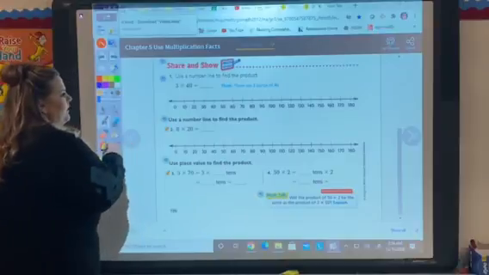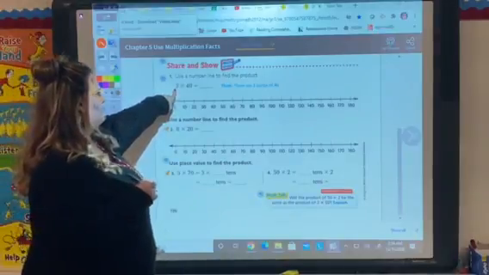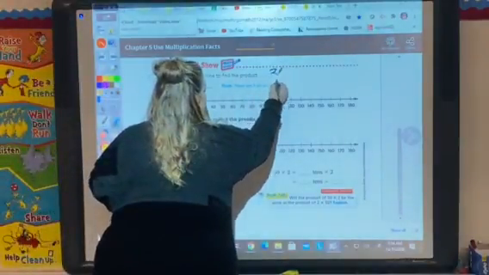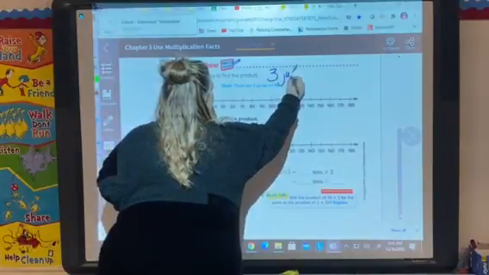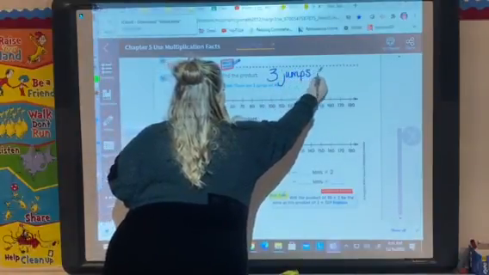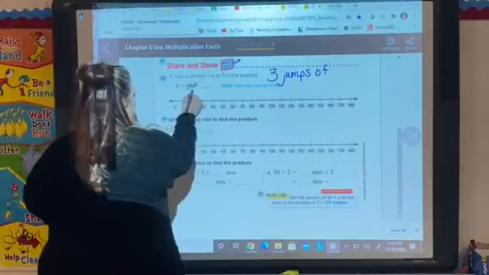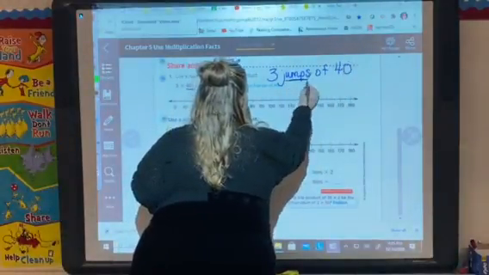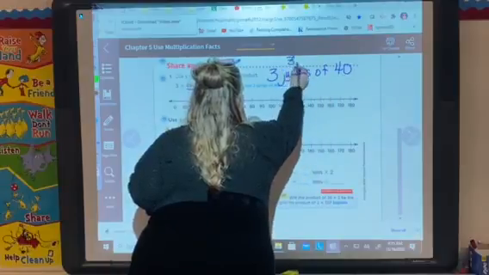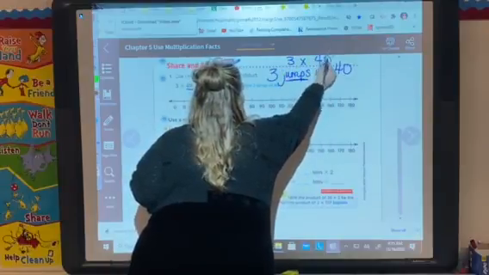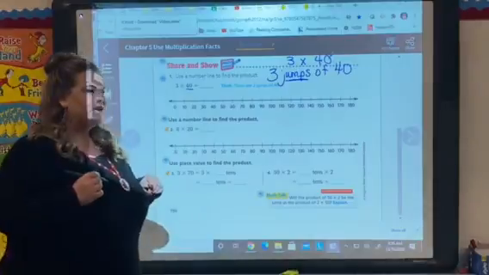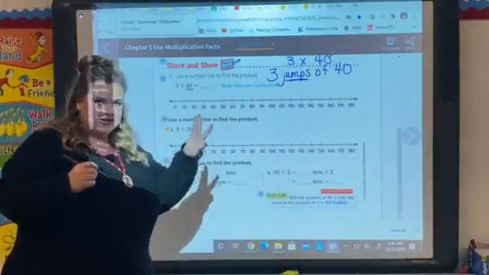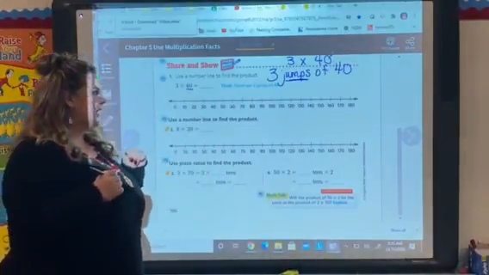The way we look at it is to say 3 jumps of that other number, which is 40, okay? 3 jumps of 40 is the same as 3 times 40. So we're going to jump 3 times counting by 40s, okay?